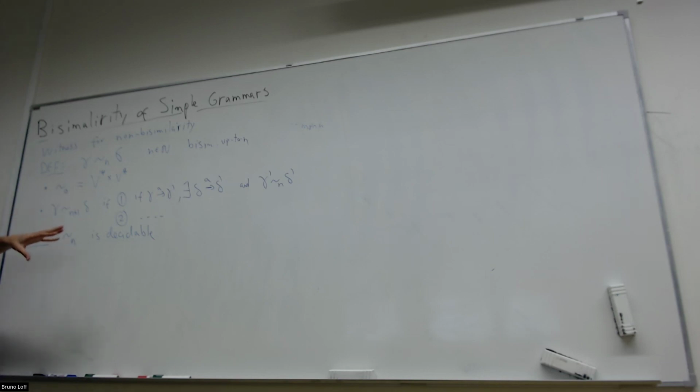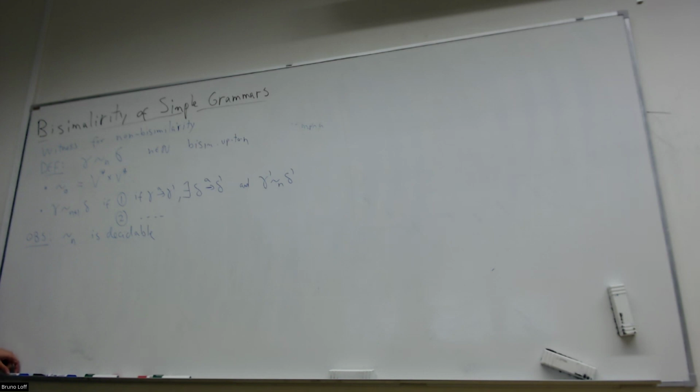Because I told you that bisimilarity of non-deterministic finite automata is in P, you can use the same process. So you can build a graph of all the words that are reachable from gamma in n steps and from delta in n steps, and figure out if they're bisimilar there.